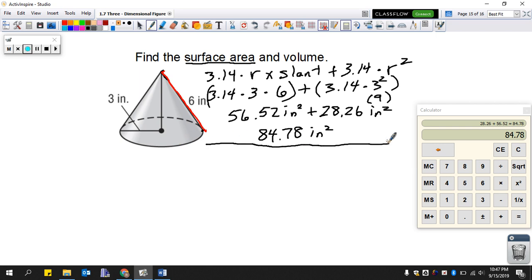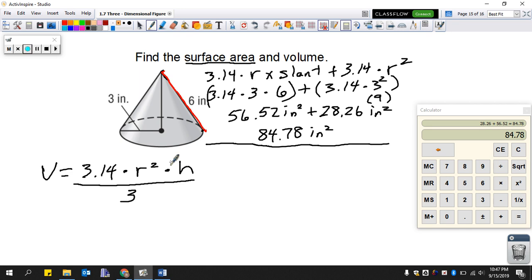All right. To find the volume of this cone, the volume is equal to 3.14 times the radius squared times the height, all of that divided by 3.